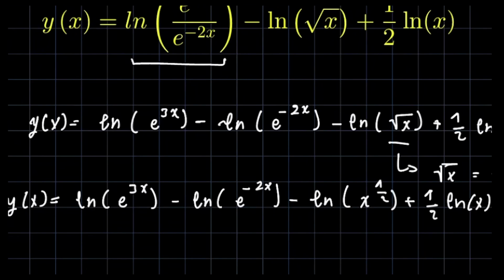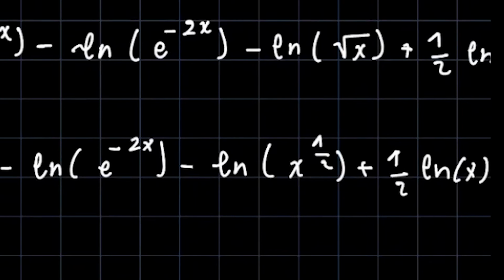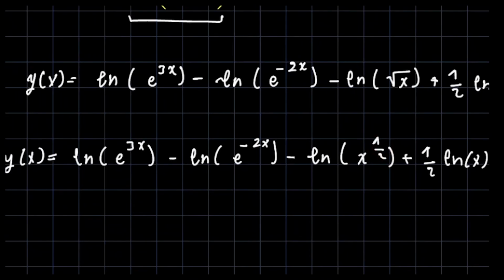And now here there's another rule that I have to take into consideration, and that would be turning this power here, whatever power inside the argument of my ln function, I can basically turn it into a factor multiplied by the ln function. And that goes for every term here except for the last term. So the first term here, let me just rewrite the expression.